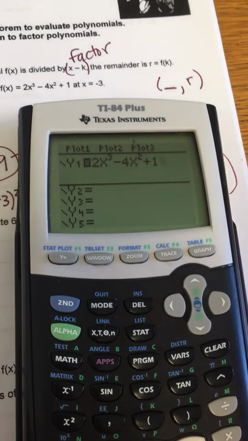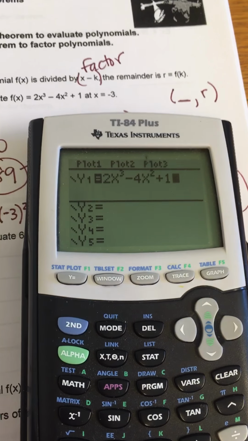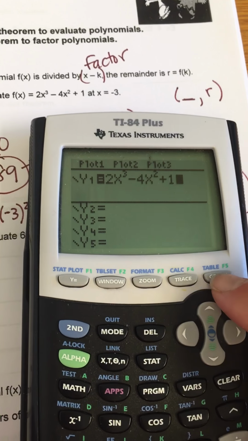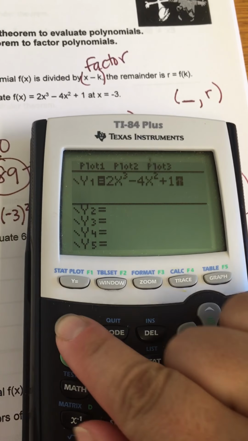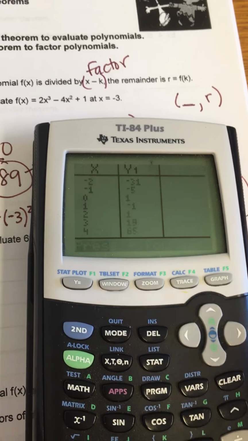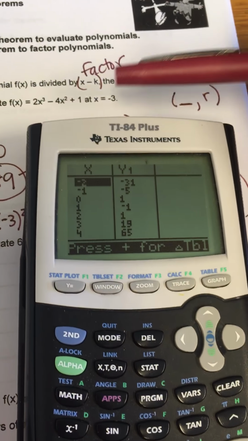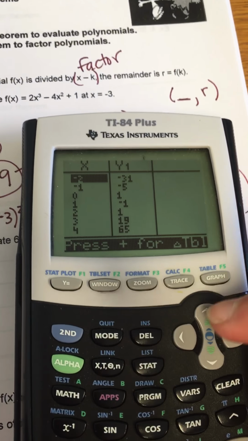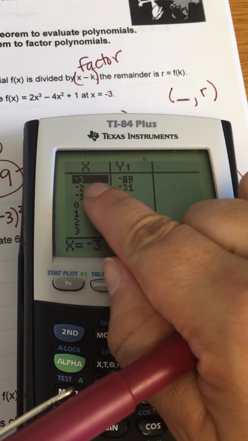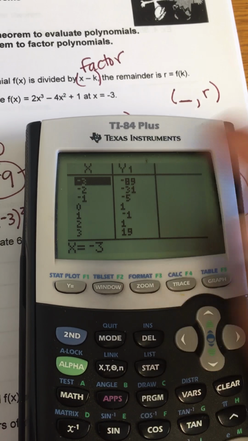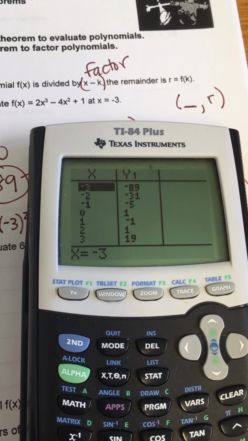And this time, instead of going to the graph, because we're not looking for the graph, we're actually looking for a value, I want to go to the table, so I'm going to press second and then graph to go to my table values. And I want the x value to be -3, so I'm going to go to -3, and what do you know? I get -89. So feel free to use the graphing calculator also to do that.